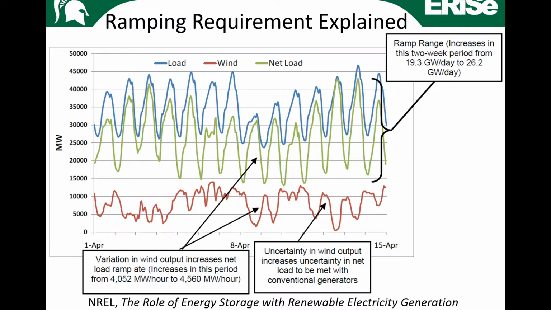So conventional generators have to ramp up from this trough to this peak during the course of this half day. Whereas without the wind, it would have only had to ramp up from here to here. So the ramp range has increased, which means you now need more generators that have the capability of ramping up as rapidly. Not all generators can do that.